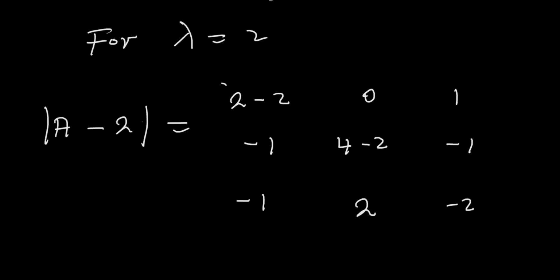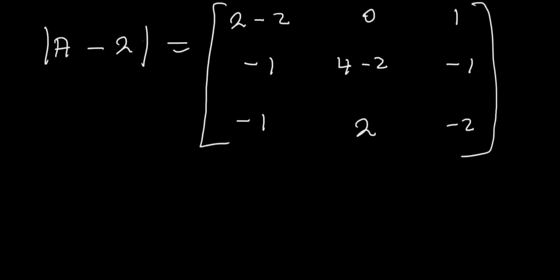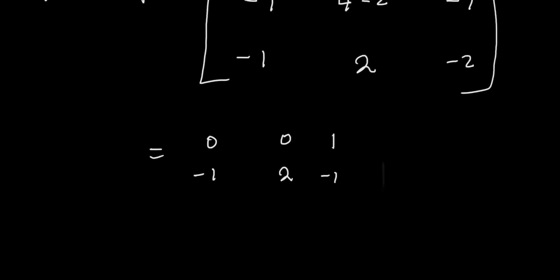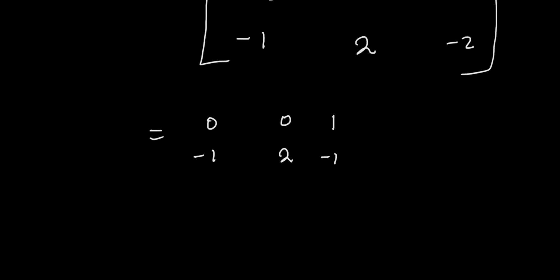So we can put this in parentheses, and then 2 minus 2 is 0, so this will be equal to 0, 0, 1, negative 1, 2, negative 1, and then negative 1, 2, negative 2.